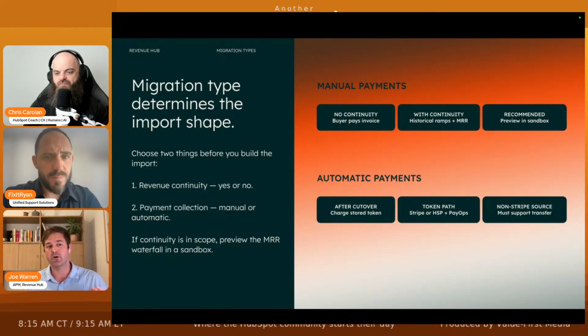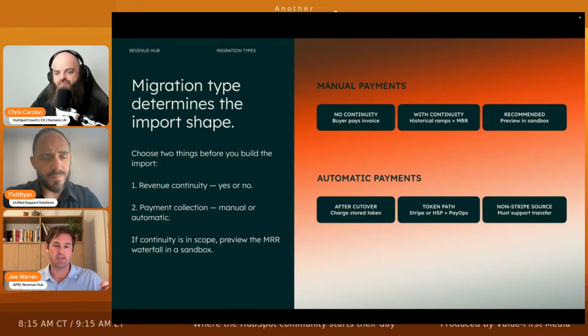The second key question is, do you want to see revenue change events from the legacy system inside those waterfall reports in HubSpot? A good example: let's say you started a contract in the legacy system for $100 a month on January 1st, and on March 1st that went up to $300 a month.